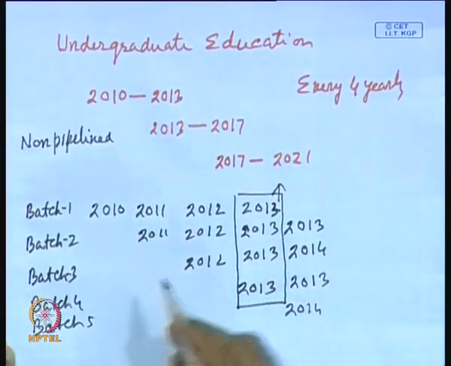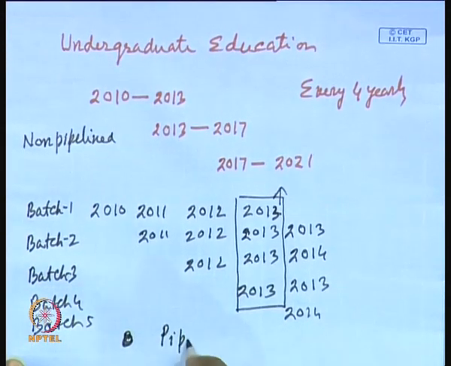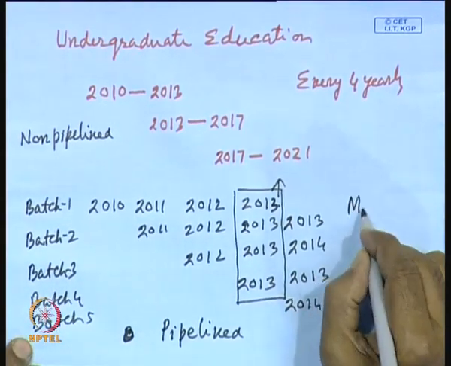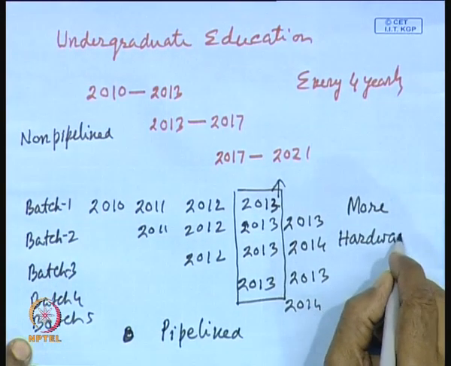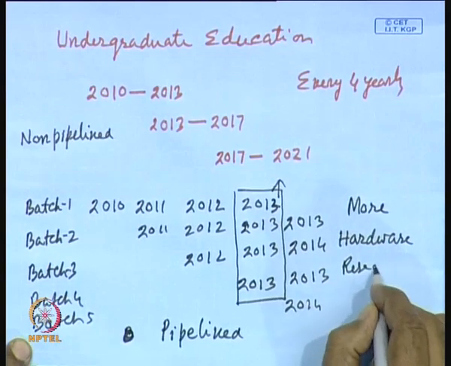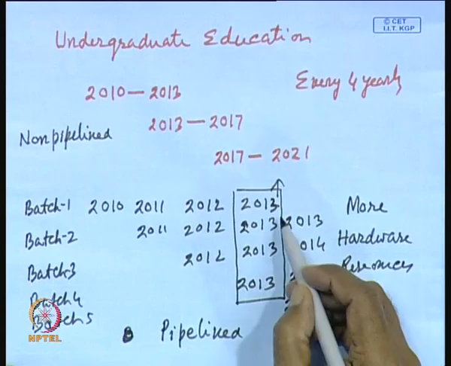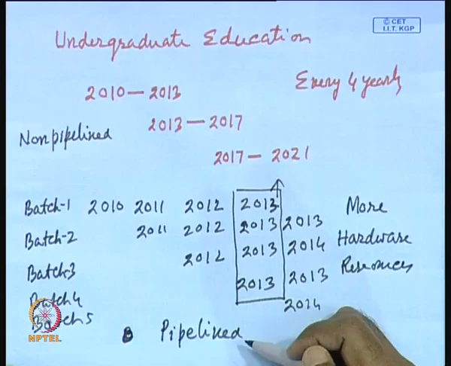The only requirement for this pipeline implementation is that you will require more hardware resources, because you will require more classrooms, more laboratories, more hostels and so on to accommodate students of 4 batches.